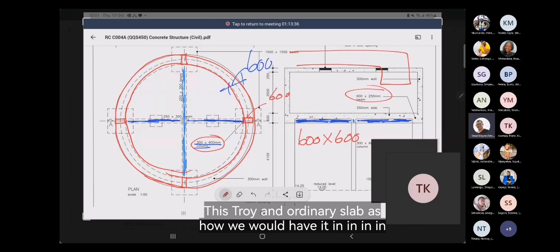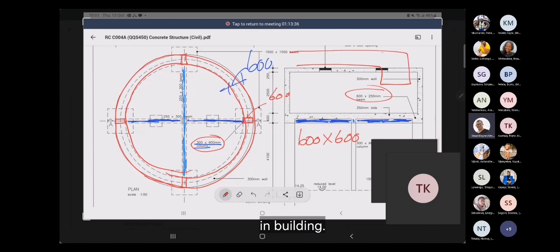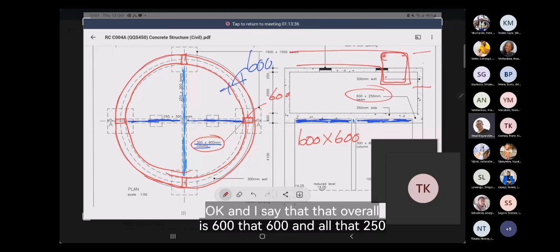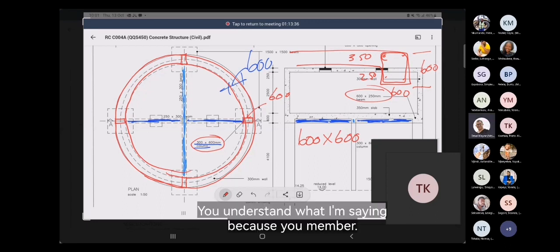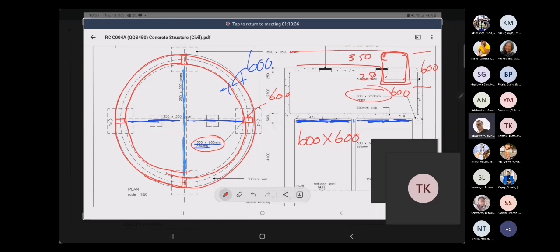Just drawing an ordinary slab as how we would have it in a building. I'll show the steel reinforcement. Okay, and I say that overall is 600, I call that 250, and I call that 350. Do you understand what I'm saying? Remember, this beam here is not standalone.